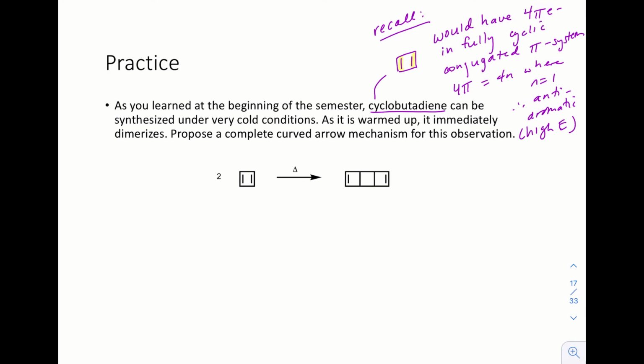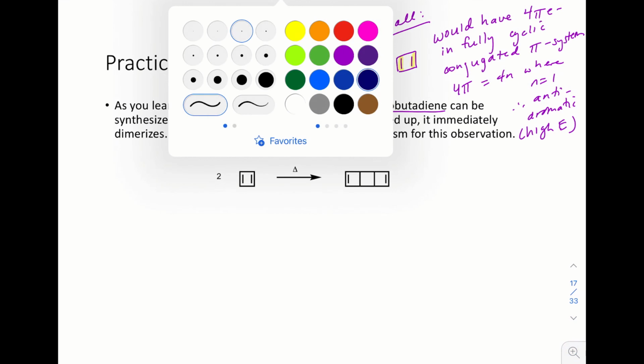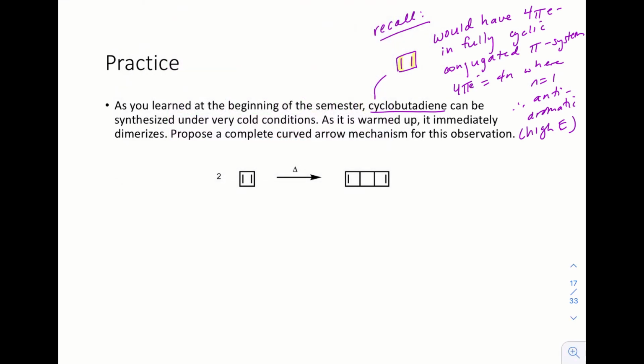You may recall that cyclobutadiene is the prototypical anti-aromatic compound. It has four pi electrons and a fully cyclic arrangement of p orbitals. This conjugated pi system would contain 4 pi electrons, which equals 4n, where n equals 1, thus would be anti-aromatic and very, very high energy.